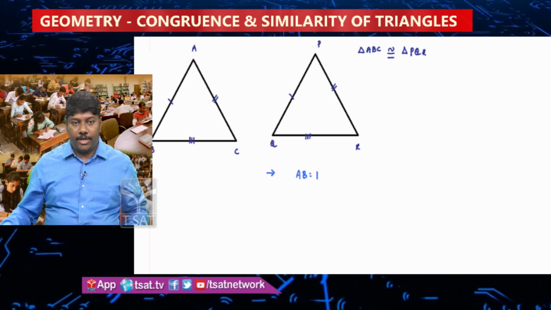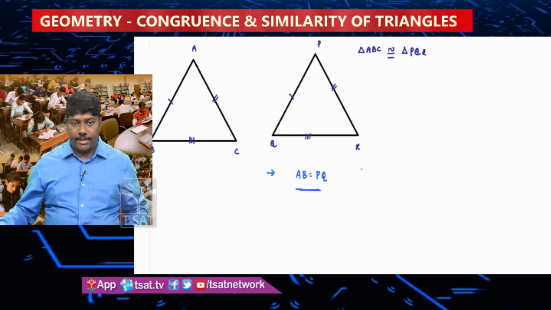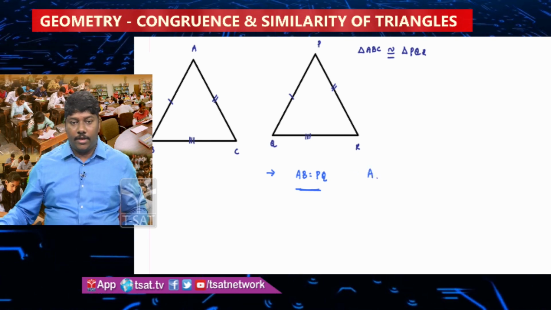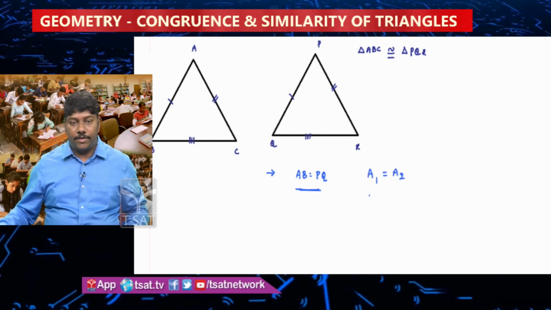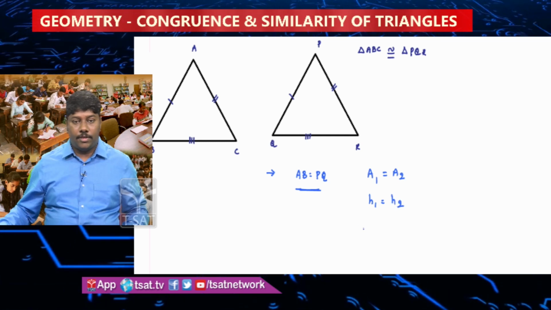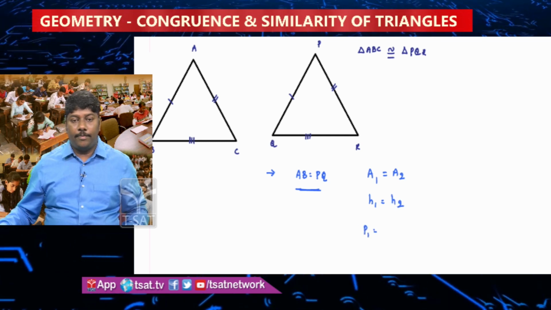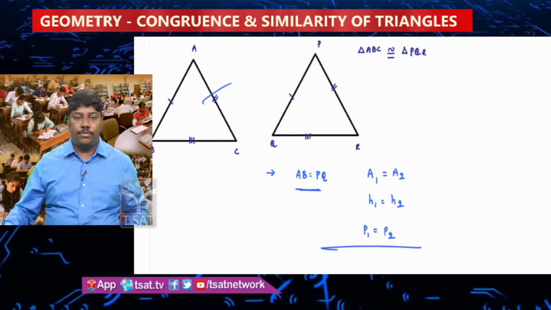AB is equal to PQ and so on. All sides are equal. Not only sides, their areas are equal. Area 1 is equal to area 2. The heights of the triangles are equal. Height 1 is equal to height 2. Their perimeters are also equal. Perimeter 1 is equal to perimeter 2. In all respects, these two triangles are equal.